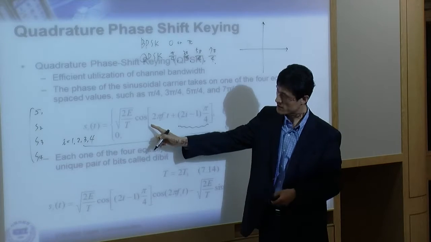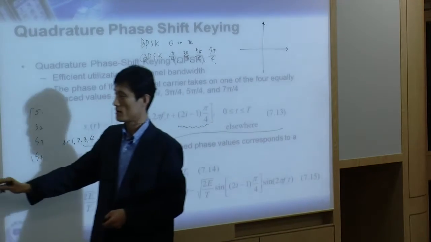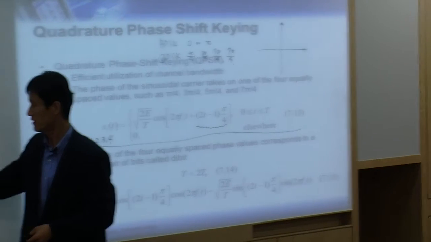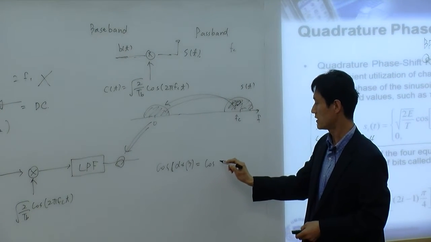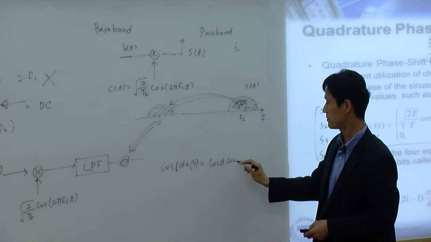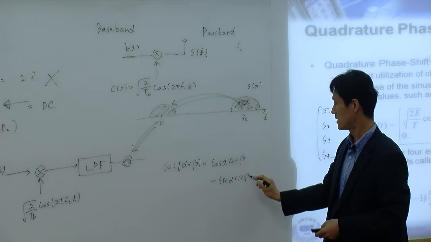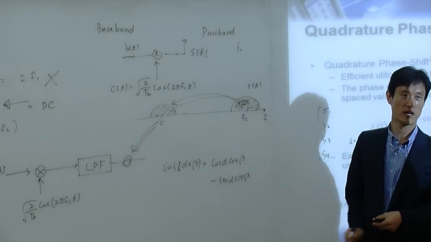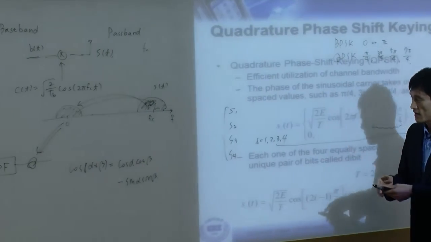Now, when you look at this, this is cosine of alpha plus beta. And cosine of alpha plus beta equals cosine alpha cosine beta minus sine alpha sine beta. This is another identity we learned in high school. So use this identity, nothing changed.